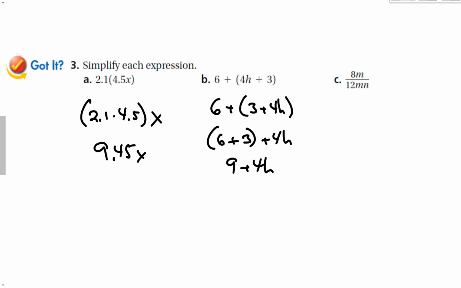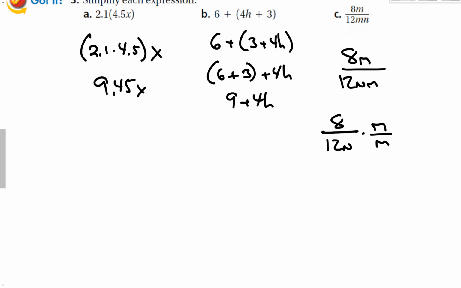And then the last one, I can always rearrange the numbers. So we have 8m over 12 times n times n. That is the commutative property. I could then go 8 over 12 n times m over m, which is just how multiplying fractions works.